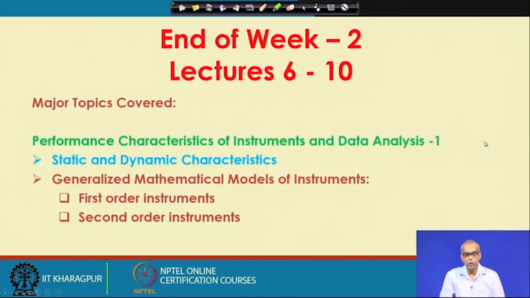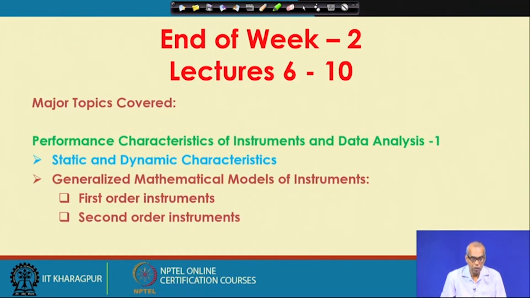So, this is the end of week 2 and lectures 6 to 10. So, the major topics we covered are performance characteristics of instruments and data analysis part 1. Under this, we have talked about static characteristics and dynamic characteristics. We have also talked about general mathematical models of instruments.